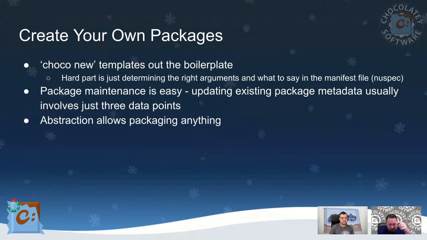So these 3 data points, you update the version and you update the installer information, and so you've got 3 data points there. And rebuild that package, push it up, and you're able to then upgrade all of your systems, right? And then we have an abstraction, right? That abstraction that we talked about earlier is Chocolatey is able to wrap around all of that chaos, and getting above that chaos, it's able to give us very good consistency and simplicity, right?